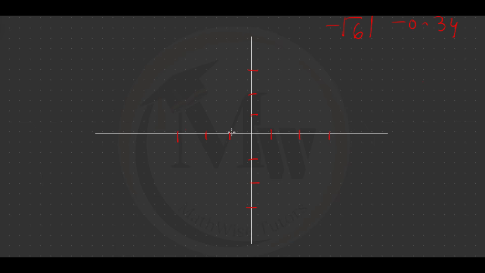So negative 1.73 around here and negative 0.38 will be down here. So let's see, the point is here. This is the first critical point. The second critical point is 1.73, 0.38 above, like here.